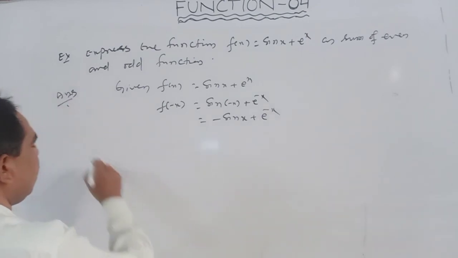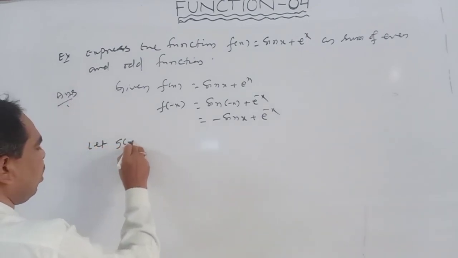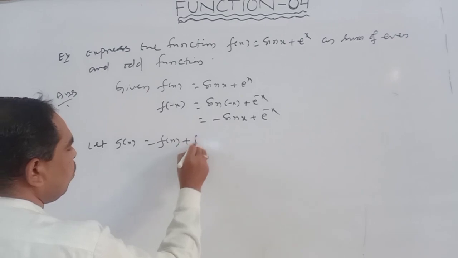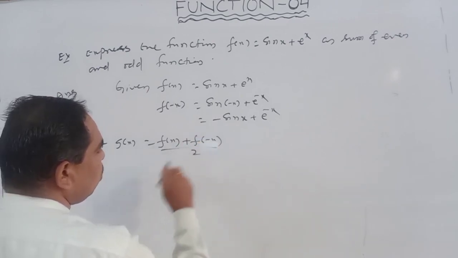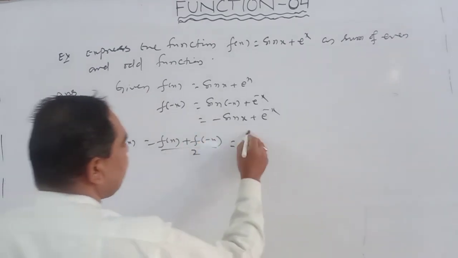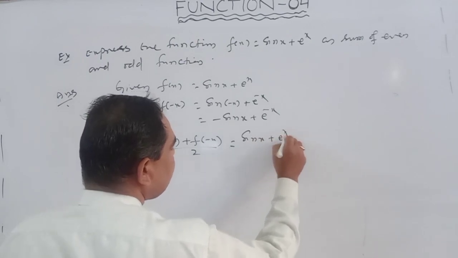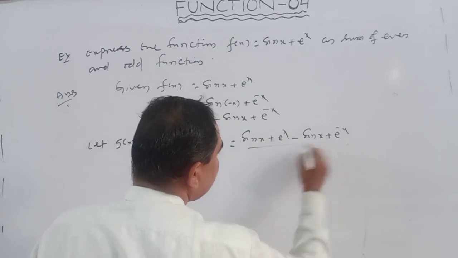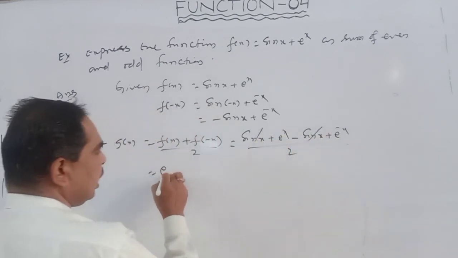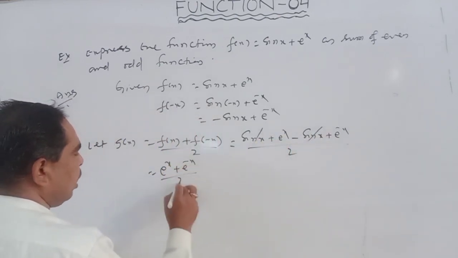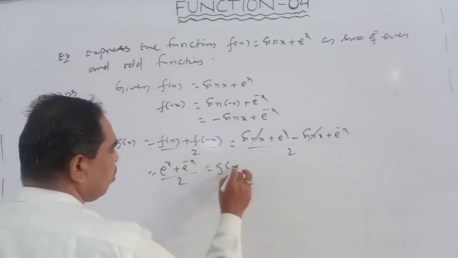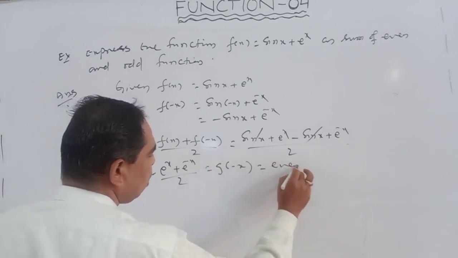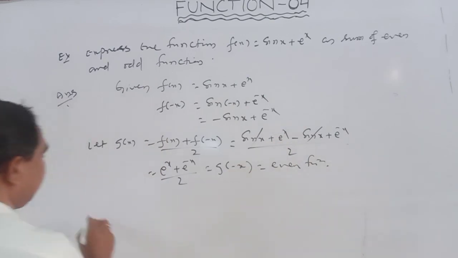Okay. So let g of x is equal to f of x plus f of minus x by 2. So this is sin x plus e to power x plus minus sin x plus e to power minus x, divided by 2. Cancel. This is e to power x plus e to power minus x by 2. So this is equal to g of minus x. It is an even function.